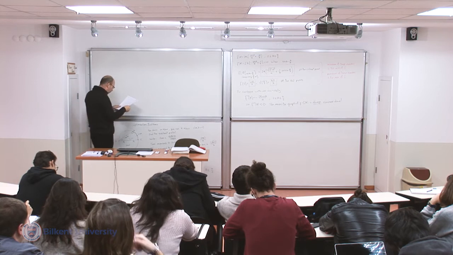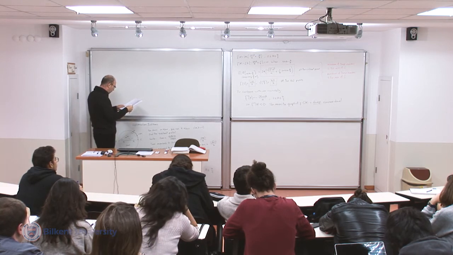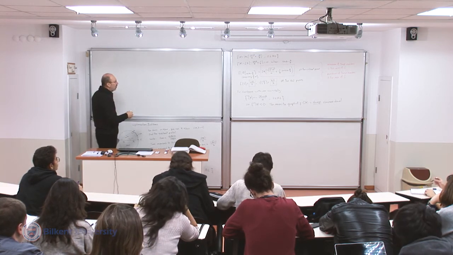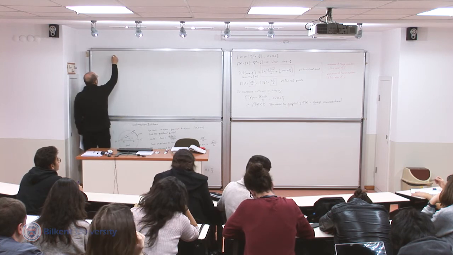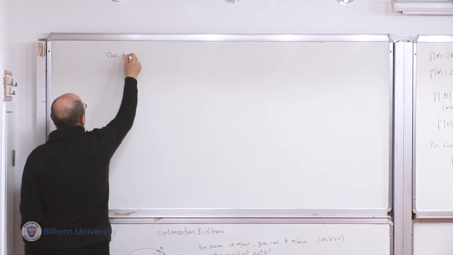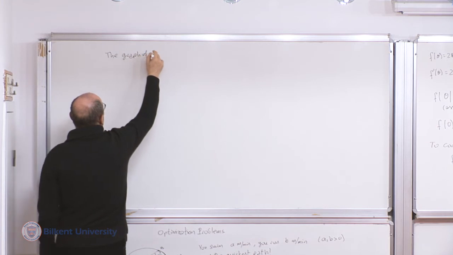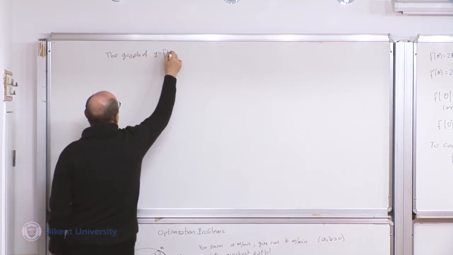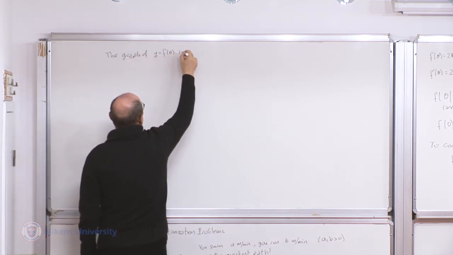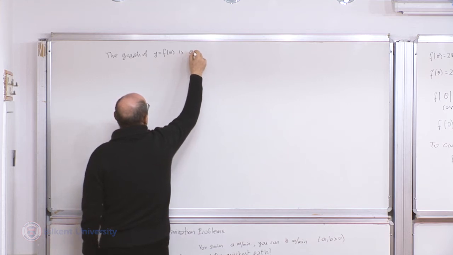So here I put numbers. Okay, so we don't need numbers. So the graph of y equals f of theta is one of the following.